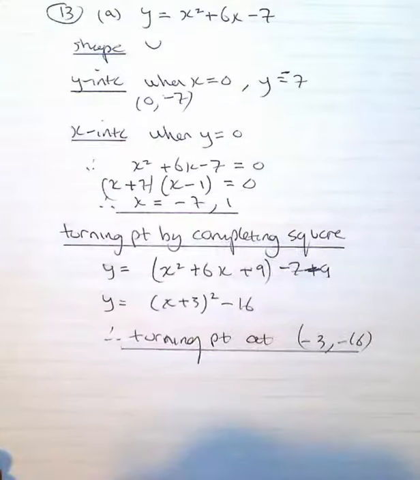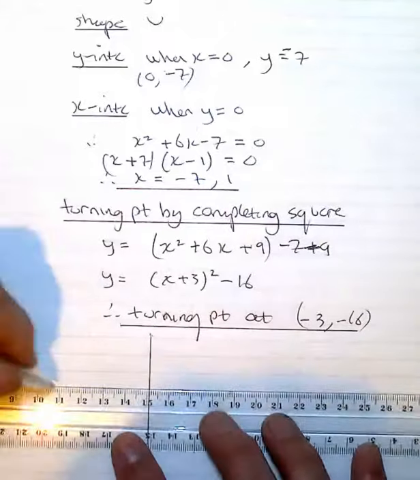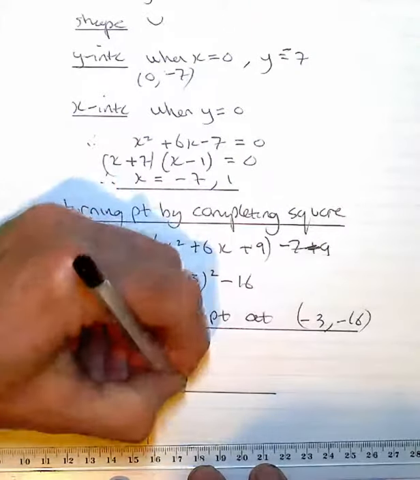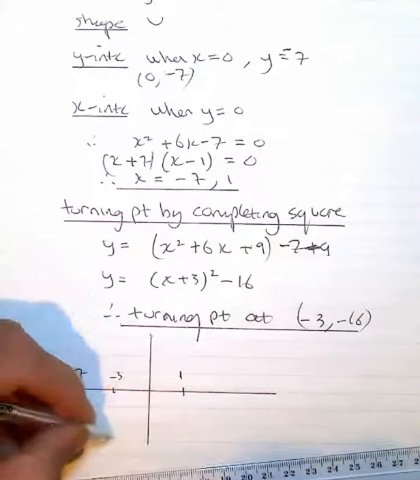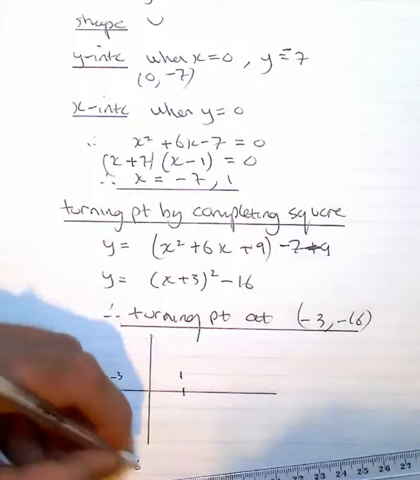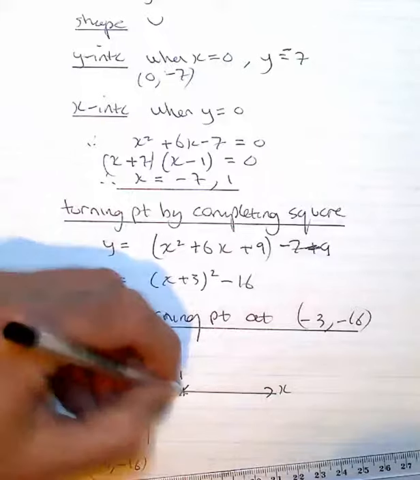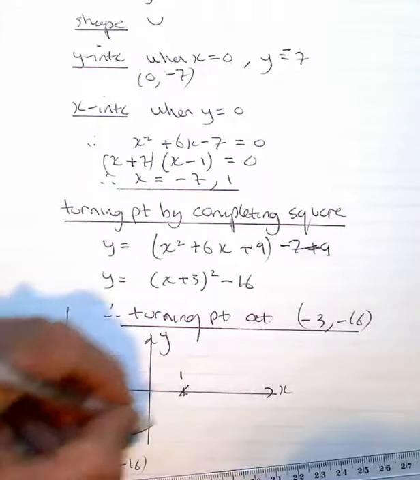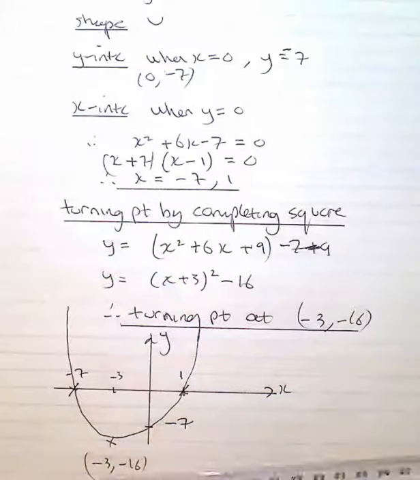And what remains is for me to sketch the graph. Cheat a little bit here and just put my y-intercept where it just appears to fit, -7.